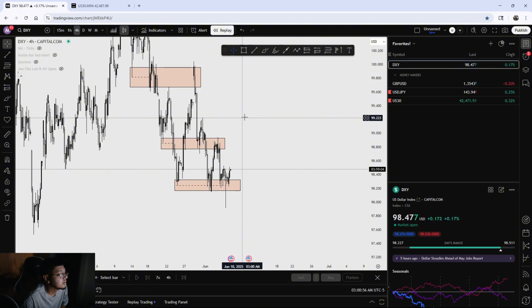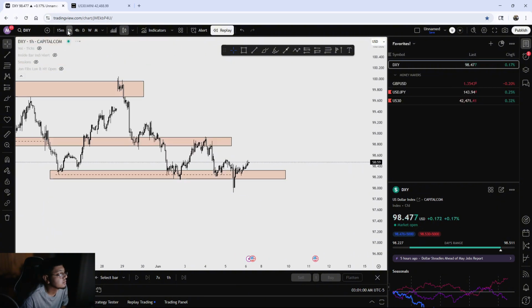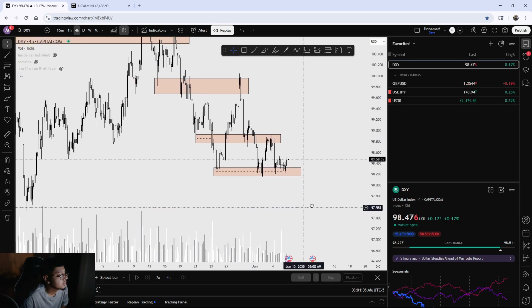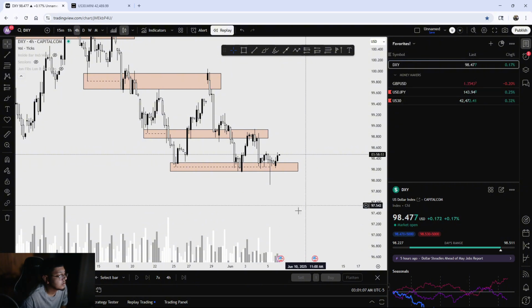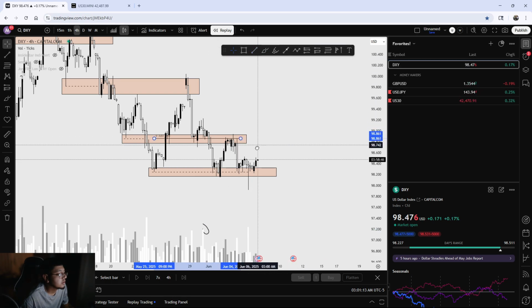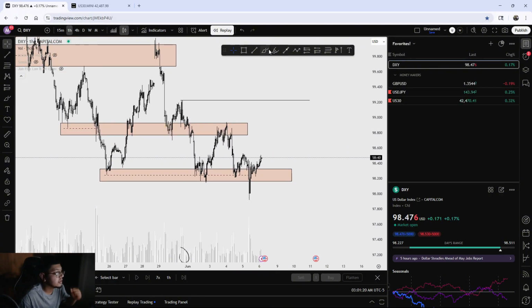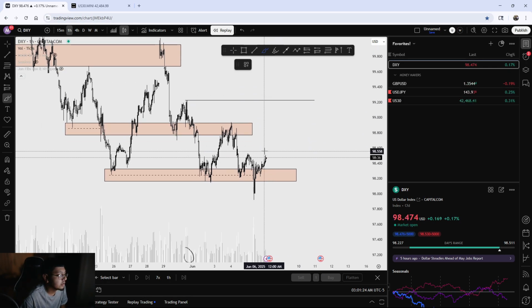Let's see. We also have this strong volume candle right here. So I could see price actually coming up into those zones after taking liquidity from the downside and pushing back up. I like to see price actually run these internal highs.